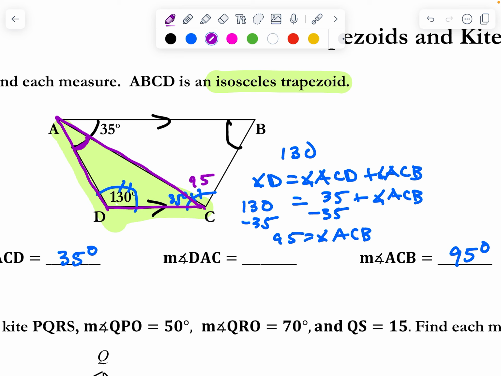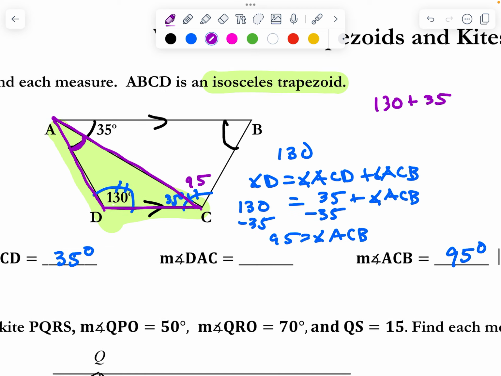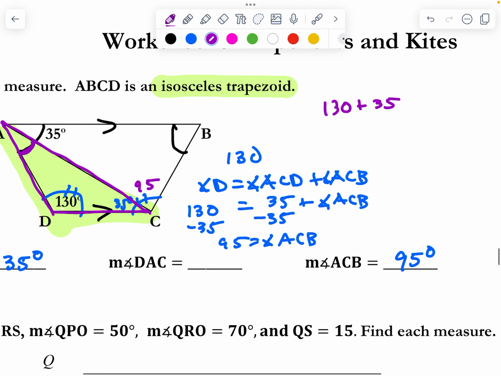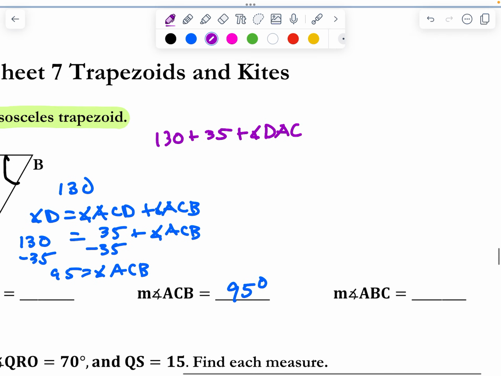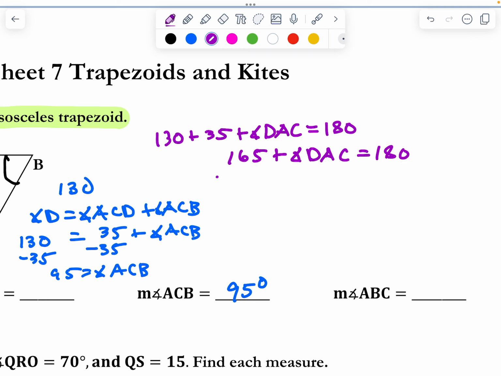So if I do 130 plus 35 plus DAC, this angle right here, these should always add up to 180. So I get 165 plus angle DAC is equal to 180. So I subtract 165 from both sides, and I get angle DAC is equal to 15.